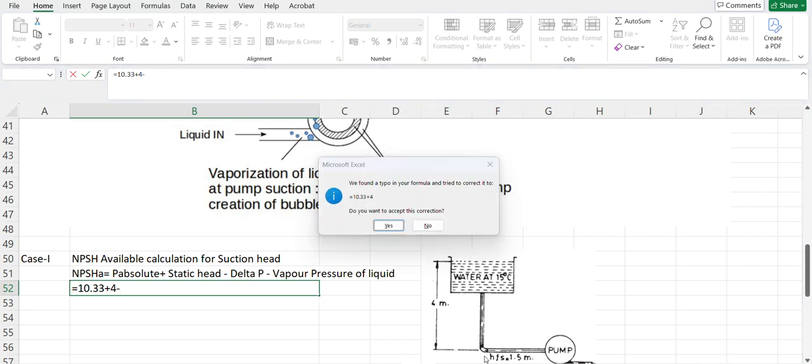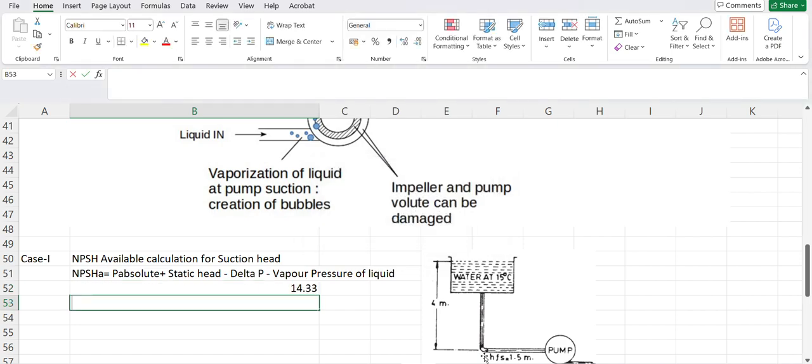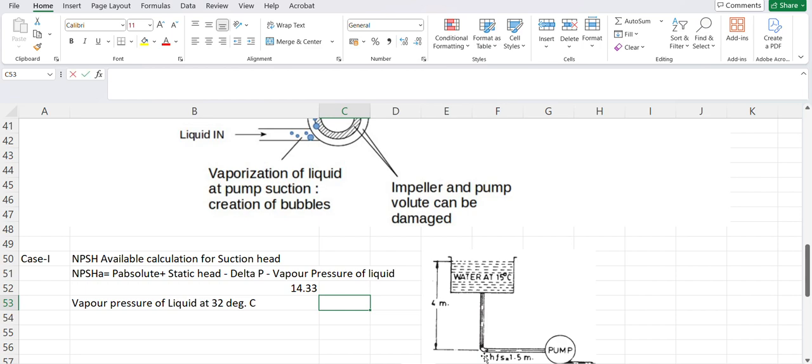Okay, just the vapor pressure of the liquid at 32 degrees Celsius. You can consider it as water, that is the vapor pressure.